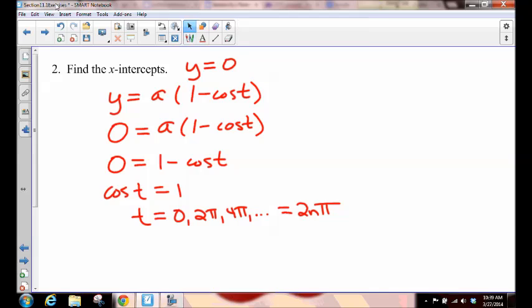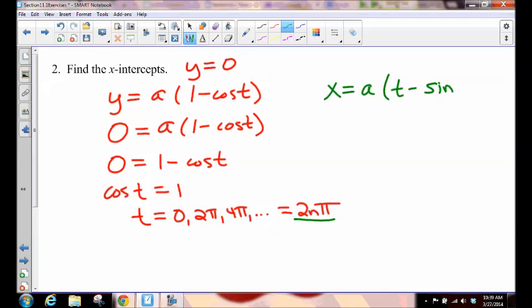So I'm interested in what the x values are actually going to be, so I'm going to substitute this value of t back into my equation for x. So I've got x is equal to a times (t minus sine t). So x is going to be a times (2n pi minus the sine of 2n pi).